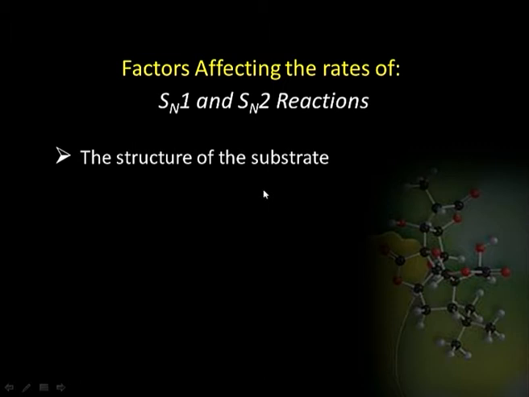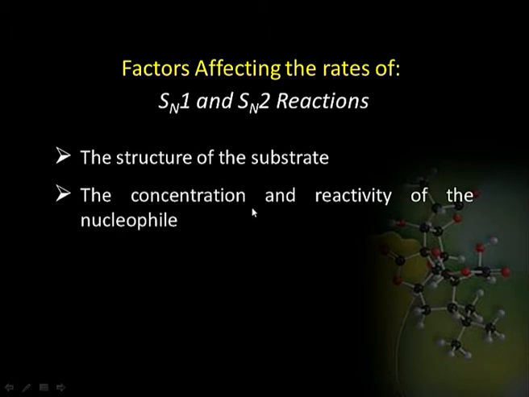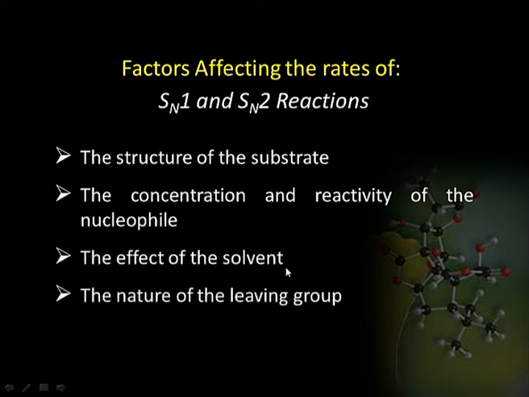So, with this, let us look into the factors which affect these two types of mechanisms. The structure of the substrate, the concentration and reactivity of the nucleophile, the effect of the solvent, and the nature of the leaving group are the factors.